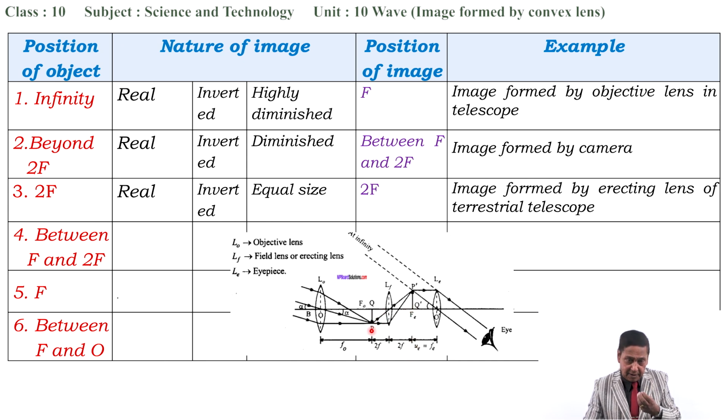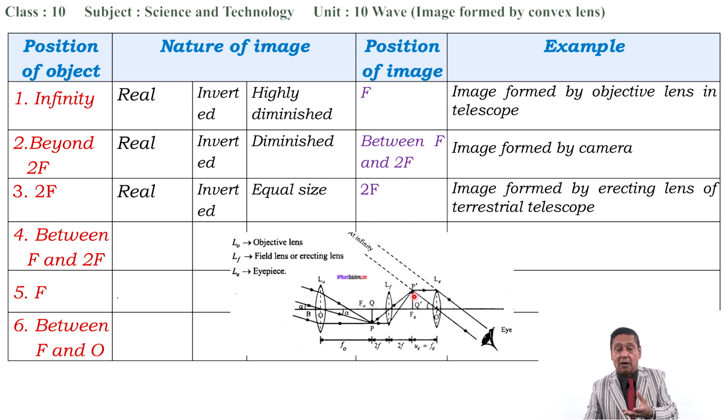If the image is at 2F, then this image is the object for this lens, and the image of this object will form at 2F behind the lens.